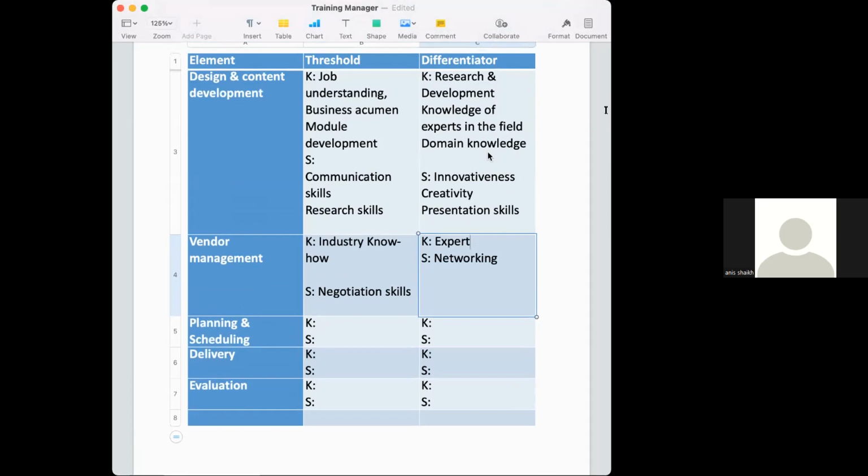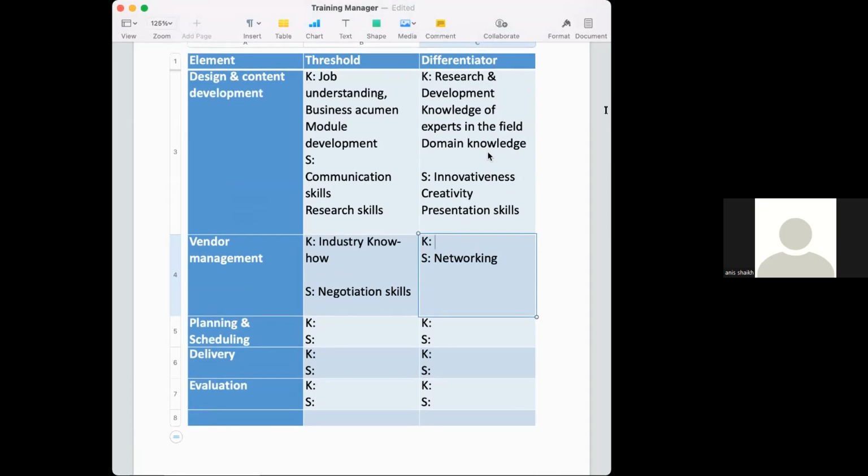He should already have it rather than struggling for that. So that much knowledge he should have. He should not search for the knowledge here in the differentiator. When we talk about industry knowledge, he should be a master of knowledge. This is my submission actually.